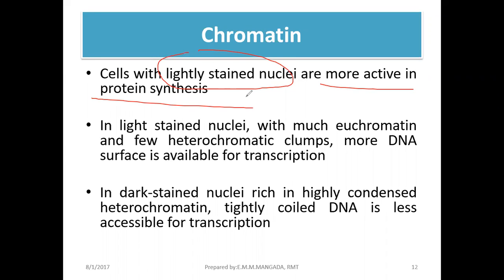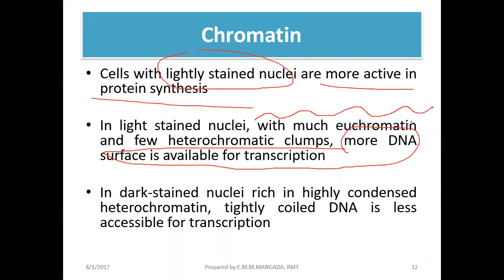And this refers now to your euchromatin. In light-stained nuclei with much euchromatin and few heterochromatic clumps, more DNA surface is available for transcription. Bakit? Kasi they are highly dispersed. Ibig sabihin, stretch, yung kanyang surface are ready for reading and transcription.